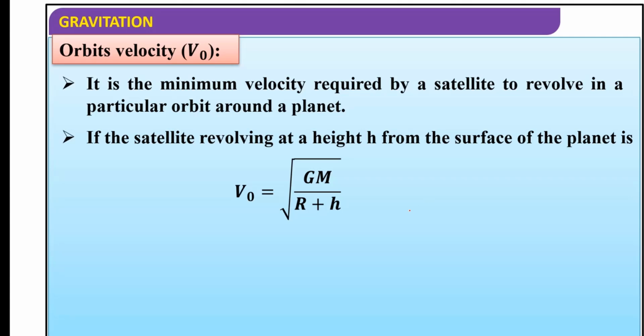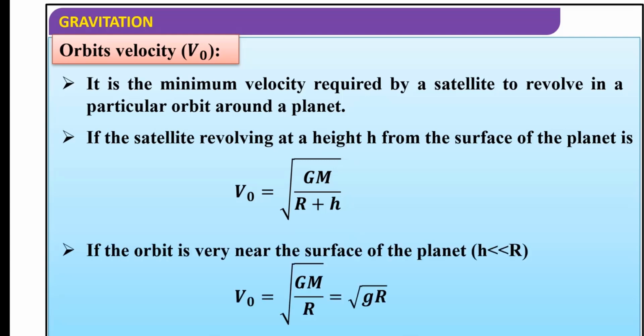Again, here if we talk about satellites which are very close to the surface of Earth, in that case use under root GM upon r, but with the condition h very less than r. If height is sufficient enough, then we will use the above formula, under root GM upon r plus h. If height is very less, we use under root GM by r. I hope these two points are clear to everyone.